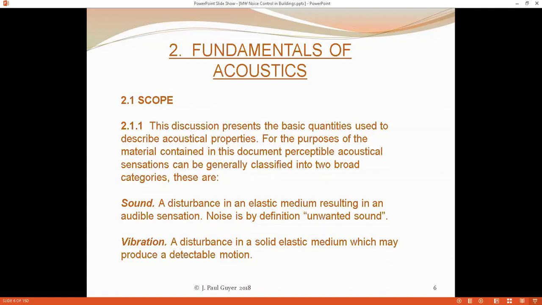And the distinction between sound and vibration is that sound is perceived through the eardrum by the receiver. But vibrations are perceived by the receiver through his fingers and toes.